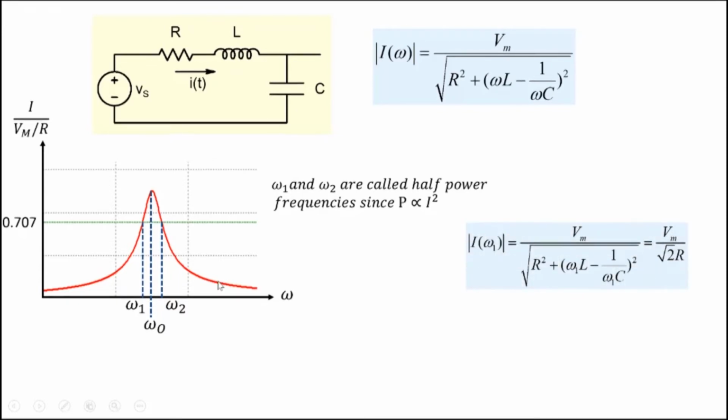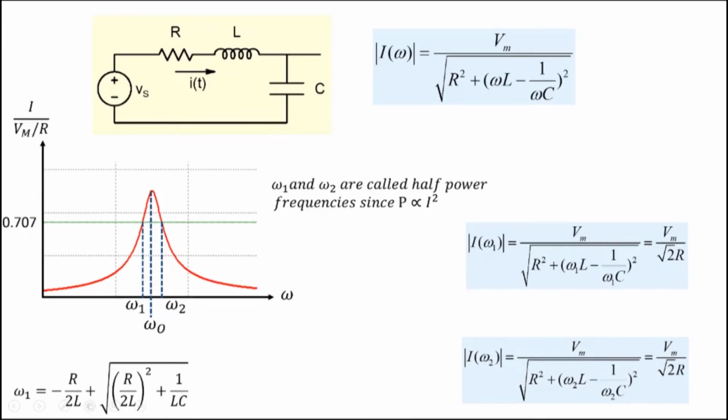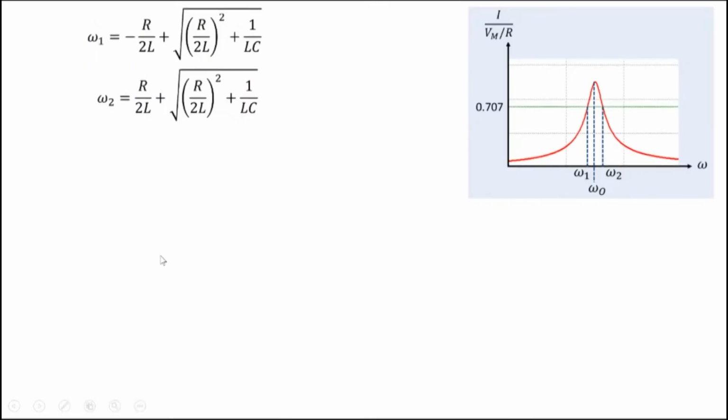Those frequencies we can easily obtain by plugging into this formula I of omega 1, and by writing the amplitude as Vm by R times 1 over root 2. Similarly we'll get I of omega 2. By solving these equations, we can obtain an expression for omega 1 and an expression for omega 2, these two frequencies in the neighborhood of the center frequency.